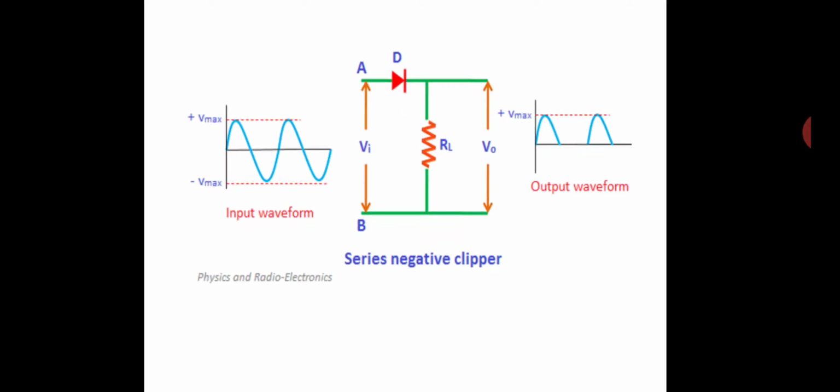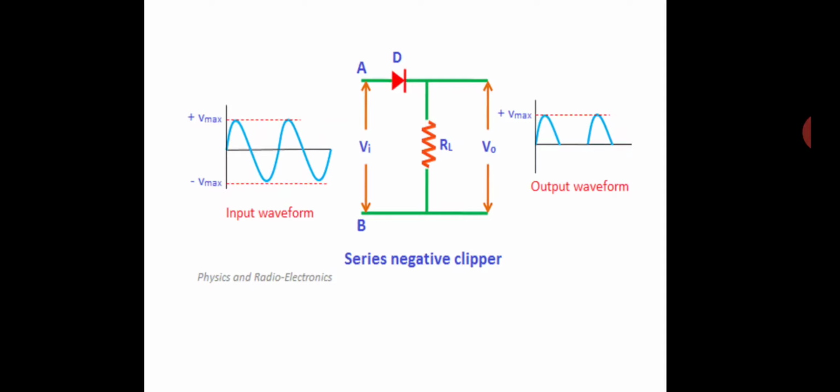How? Okay, the A point of the diode is positive and Vi, the input, is positive. So both are positive. Input is positive, diode is positive, then the diode is in forward bias, and in forward condition the diode works as a short circuit.